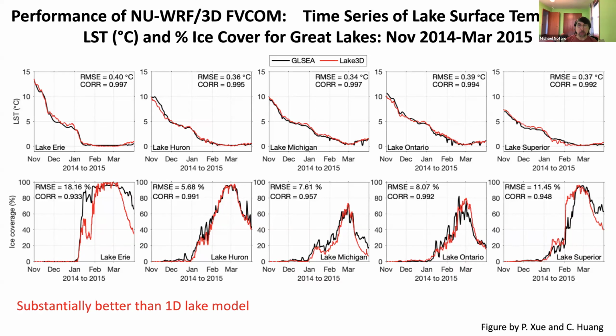They're not perfect, but compared to a 1D lake model, it's much greater in performance. The 1D lake models typically have very large temperature biases, produce way too much ice cover, and that can really affect the seasonality of evaporation. So overall, it performs real well in our region. So next slide.